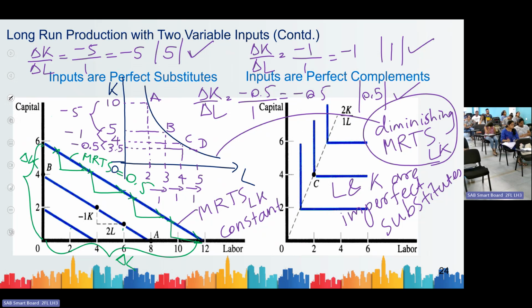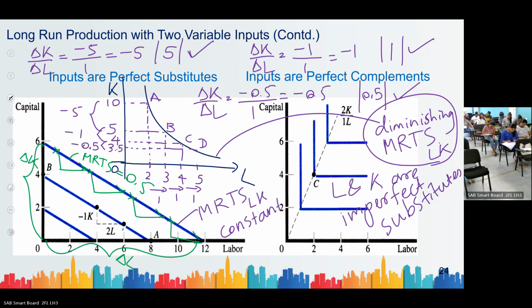It says how much of one input should be sacrificed for one unit increase in the other input. You can mention it like that.